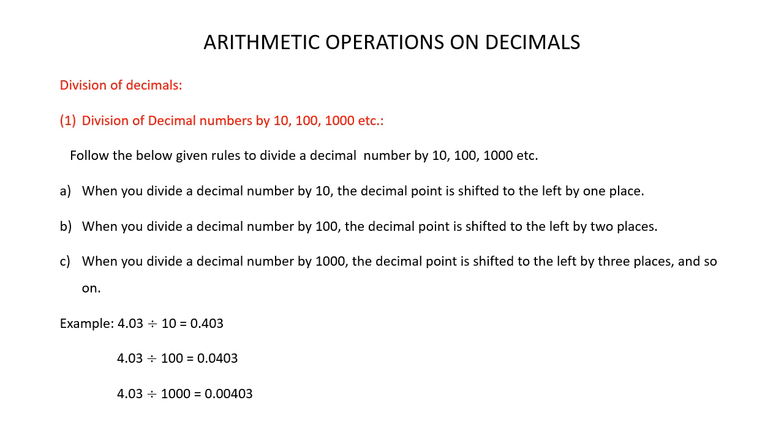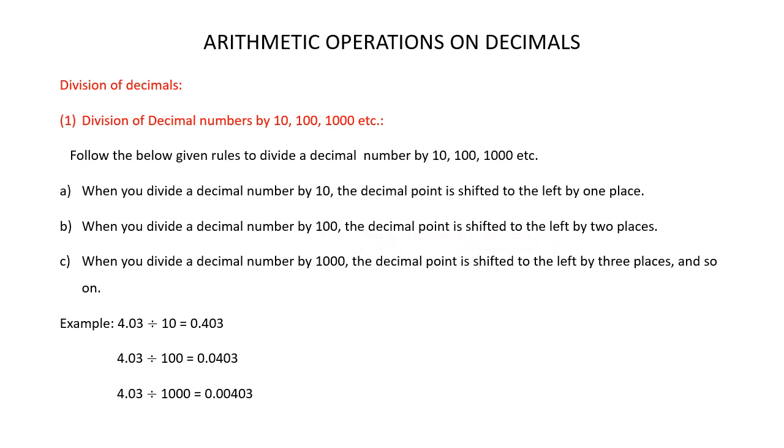For example, when you divide 4.03 by 10, the decimal point is shifted to the left by 1 place in the answer. So, the answer will be 0.403.